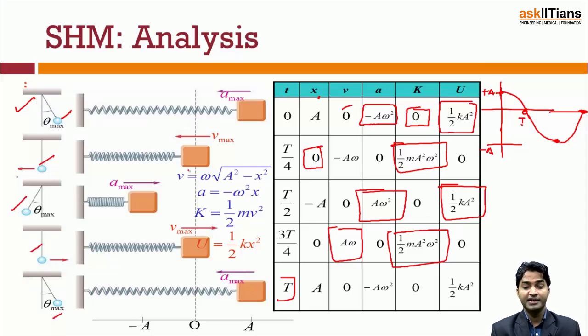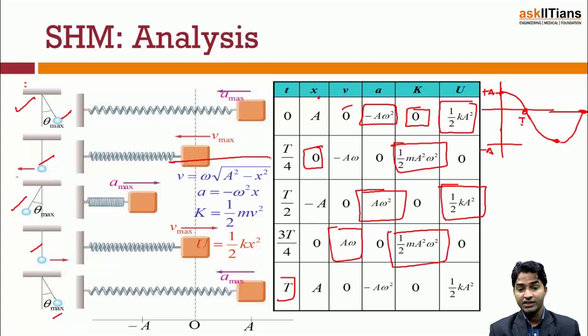In these five cases, we discuss the total mechanical energy, the sum of kinetic plus potential, the acceleration at different locations and phases, the velocity at different timings, and the displacement equation at different locations, at extreme or at mean position. So these are the cases.